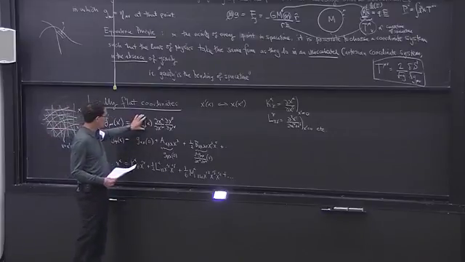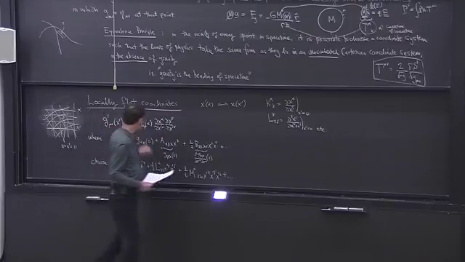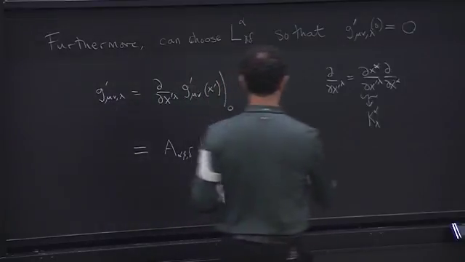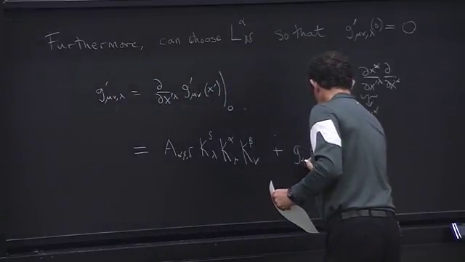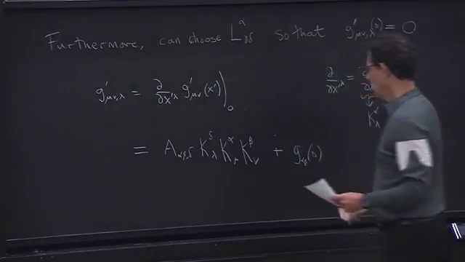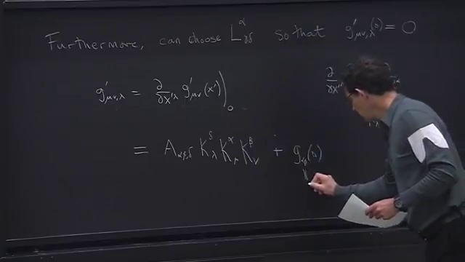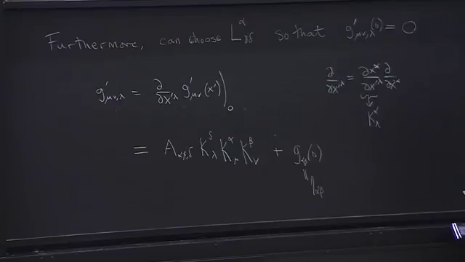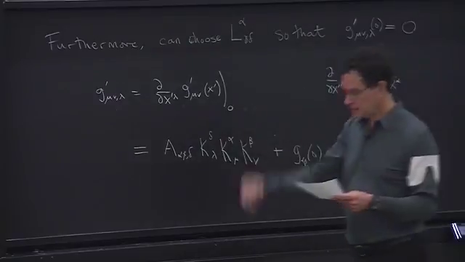But I can also act with the first derivative on these quantities. Now I'm going to get just g alpha beta of 0, and this we have already set equal to eta alpha beta by choosing the k's.